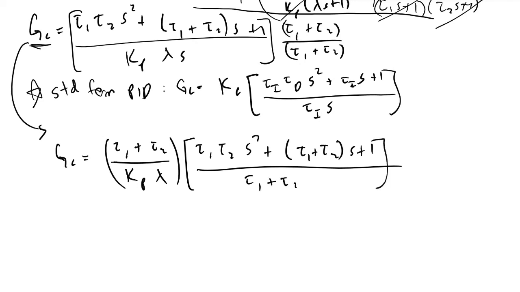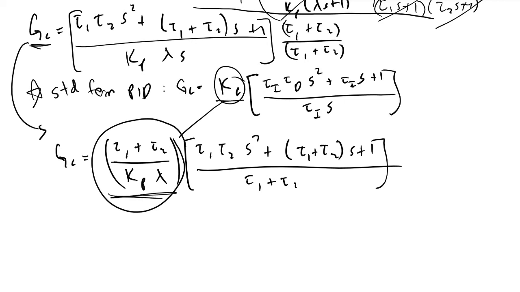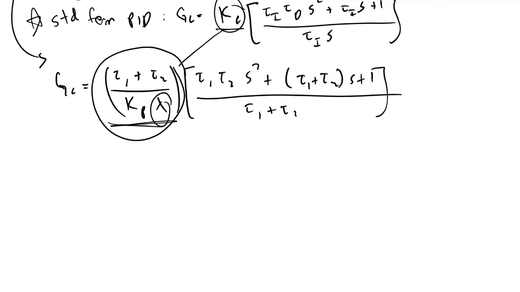Hopefully we can start to see how the IMC method is telling us what Kc should be equivalent to in terms of our process parameters and the one tuning parameter we have, lambda. To make this a little more explicit, for a second order process with no dead time, the tau d tuning parameter in our PID model, based on the IMC method, should be equivalent to tau 1 tau 2 divided by tau 1 plus tau 2.